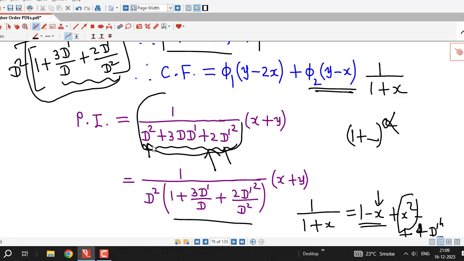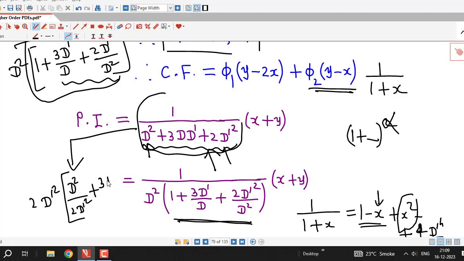So I have taken D square common and I have written in this form. If you wish you can take 2D dash square common also, and in that case you have to write this as D square by 2D dash square plus 3D by 2D dash plus 1.